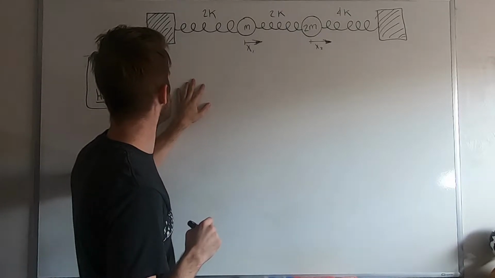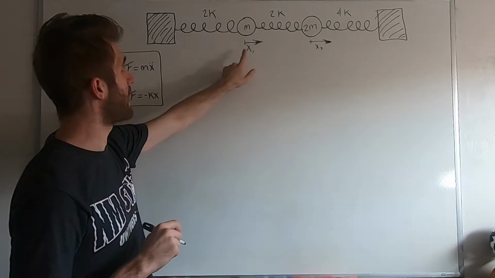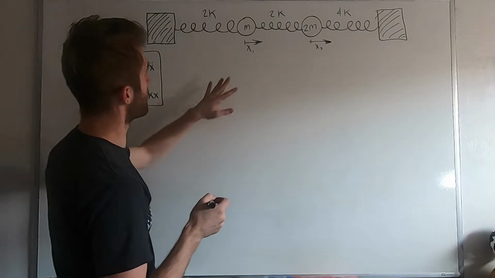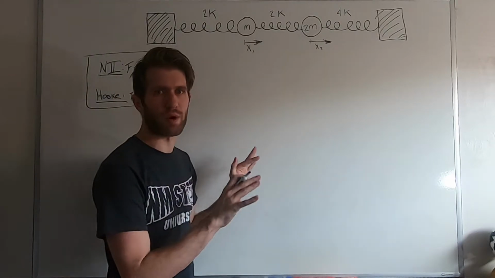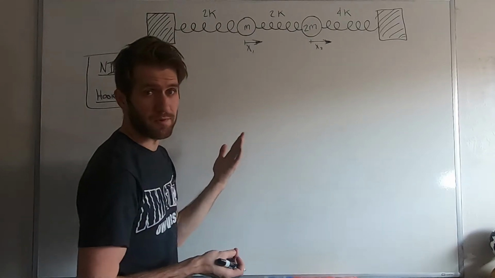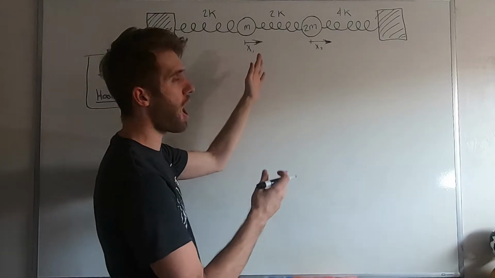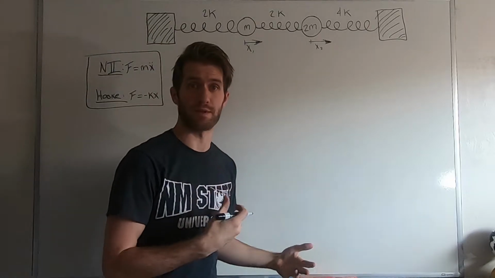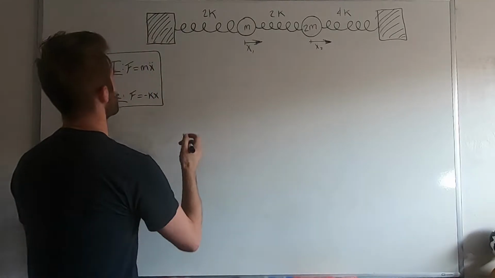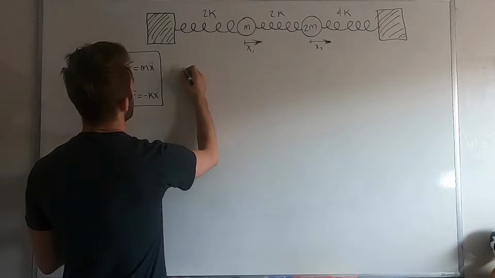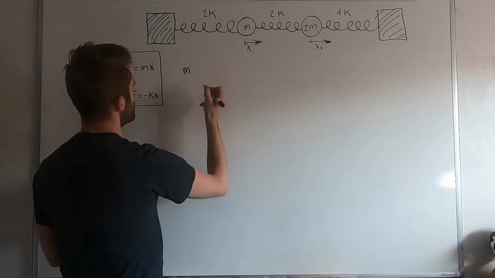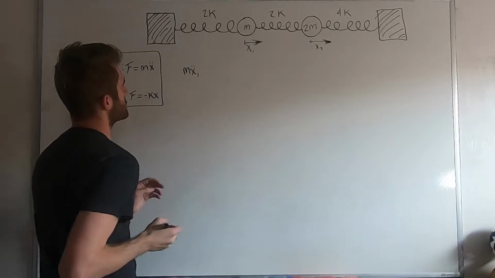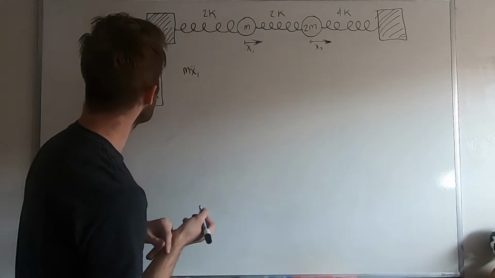So let's look at our first mass here, right? If we're looking at a displacement to the right, well, as I've mentioned before, it's going to exert an opposite force to the left to restore itself to equilibrium, okay? So if we're starting out with our force here, we're going to use Newton's second law, so m x double dot, but this is x sub 1.